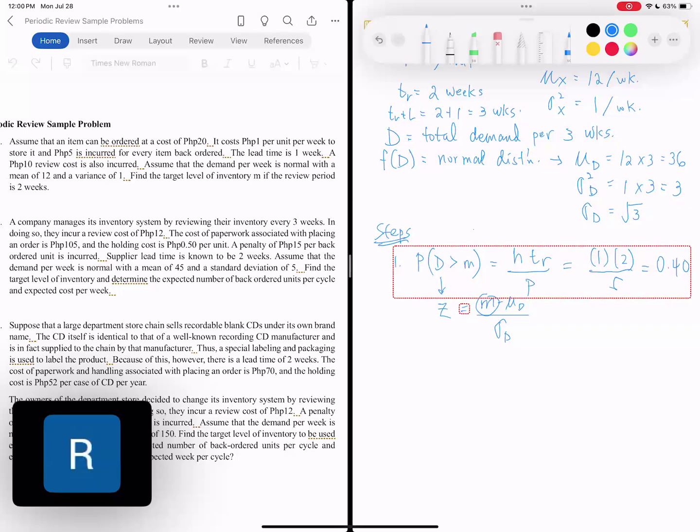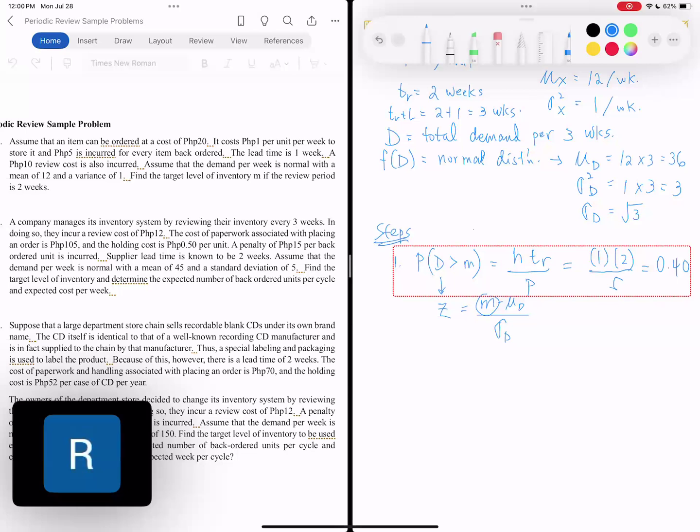So that's for the normal distribution, because that's the hardest to calculate anyway. For other distributions, it's easy, you just have to integrate. So for normal distribution, that's the transformation formula. All you have to do is get the z value from your z table. Take note that the probability D greater than M is 0.4.